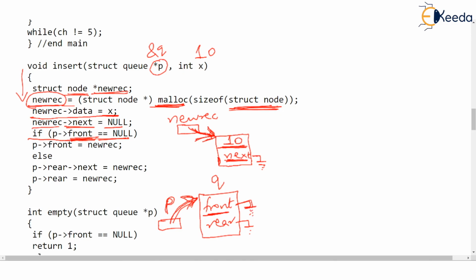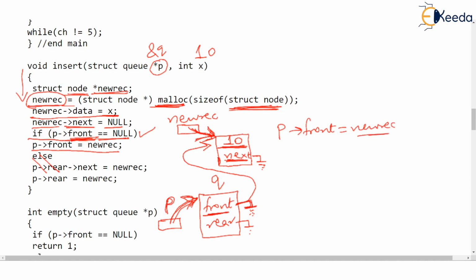In main, front was made null. So this condition holds true. And as this condition holds true, else will not run. But this line will run: p arrow front equal to newrec. What that means is p arrow front should point exactly at the same node where newrec is pointing. Check this line again. p arrow front equal to newrec.